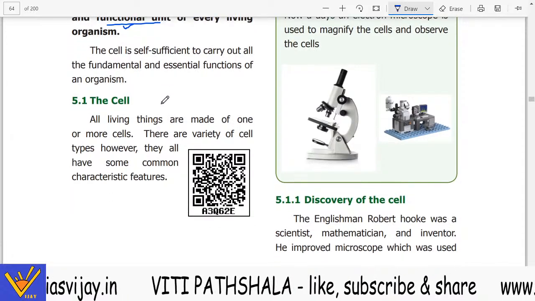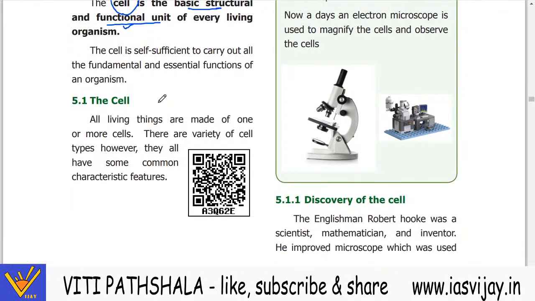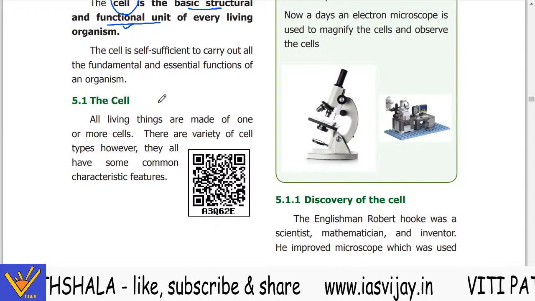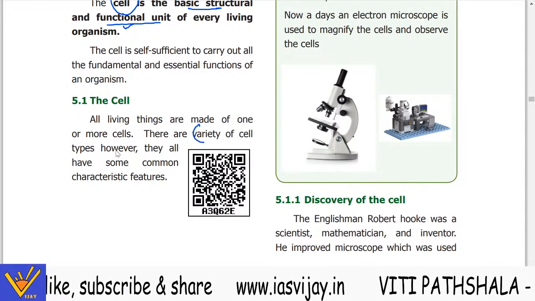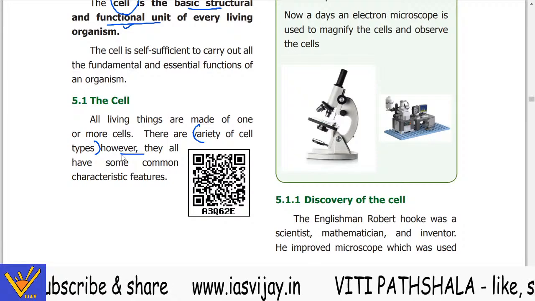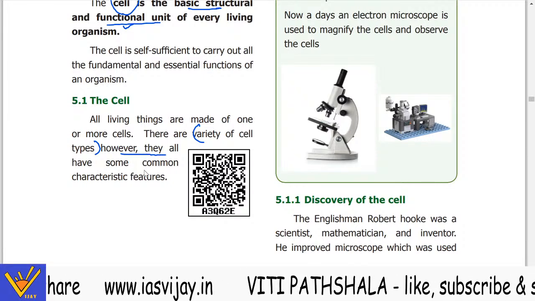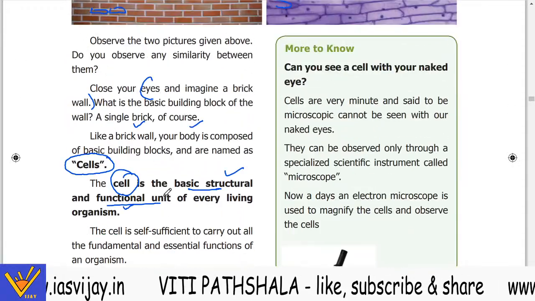All living things are made up of one or more cells. Now there are a variety of cell types, however they all have some common characteristic features. Everyone has common characteristic features.